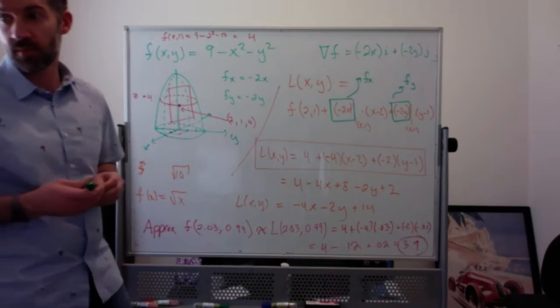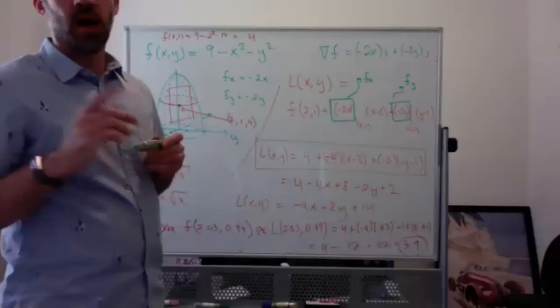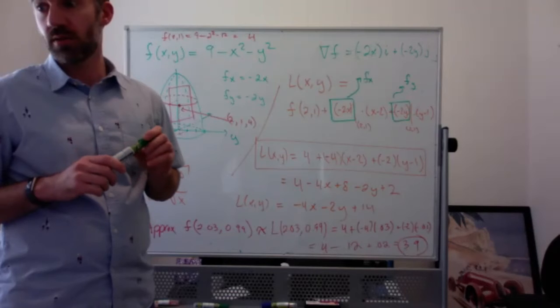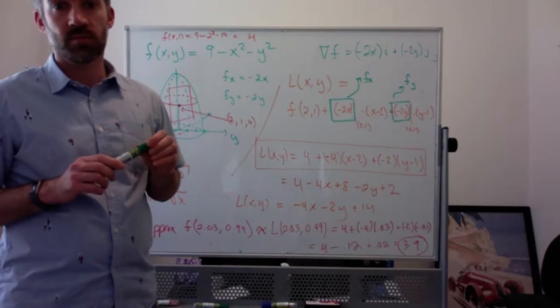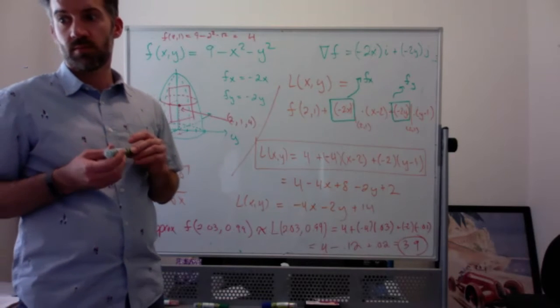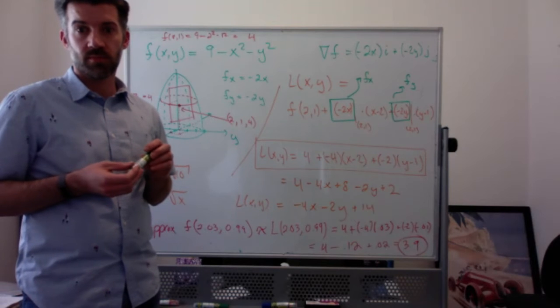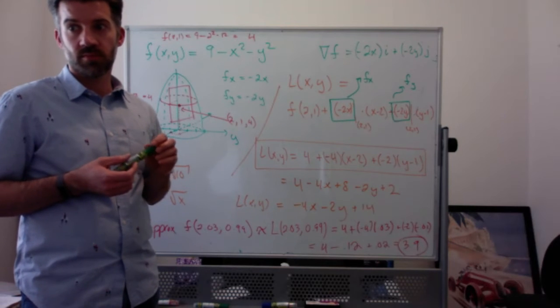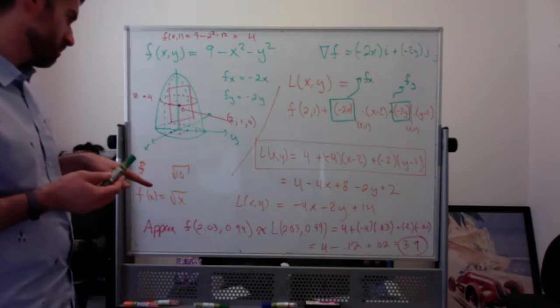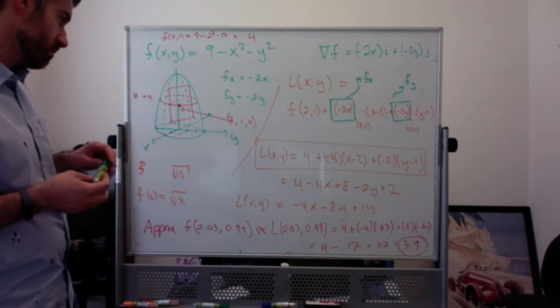Okay, thank you. Other questions? James? Yeah. For the linearization, I can't see it well. After the parentheses, -2x times, is that x minus 2?